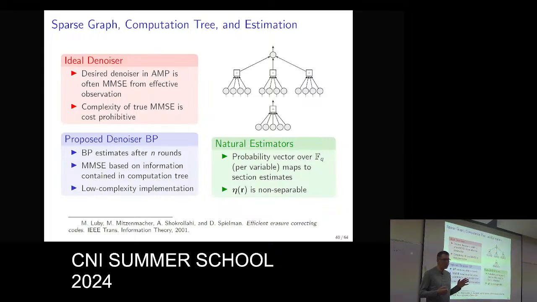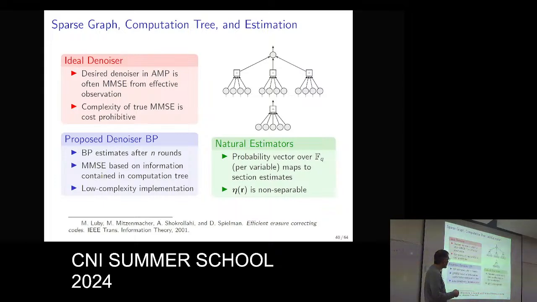Do this mental exercise: you pinch one variable node and lift it up slowly. In the top layer in your hand, you have one variable node, and in the next layer, you have check nodes, which are the squares. Below that, you get the variable nodes that these checks are attached to, and so on. We're just going to go a few layers into this. So this is the computational tree for that specific variable node. This is what's depicted over here.